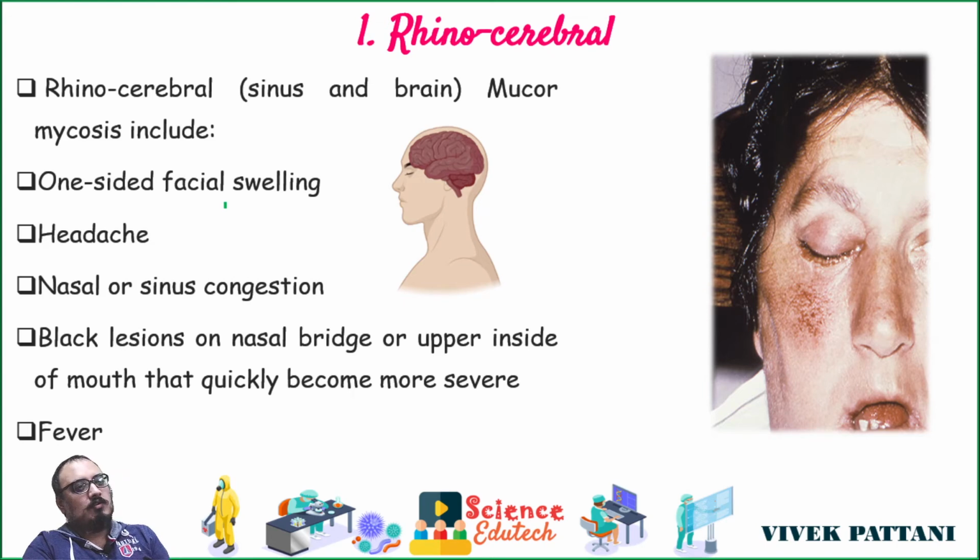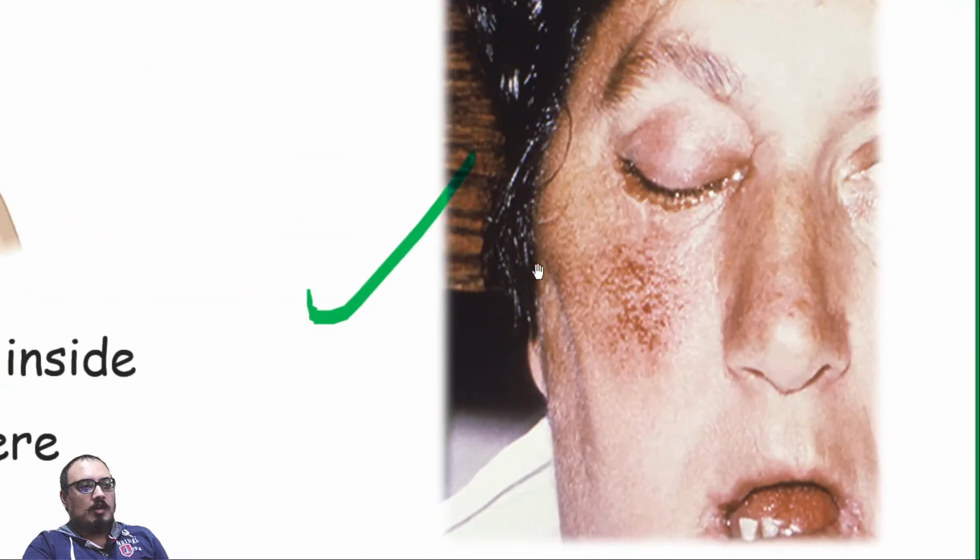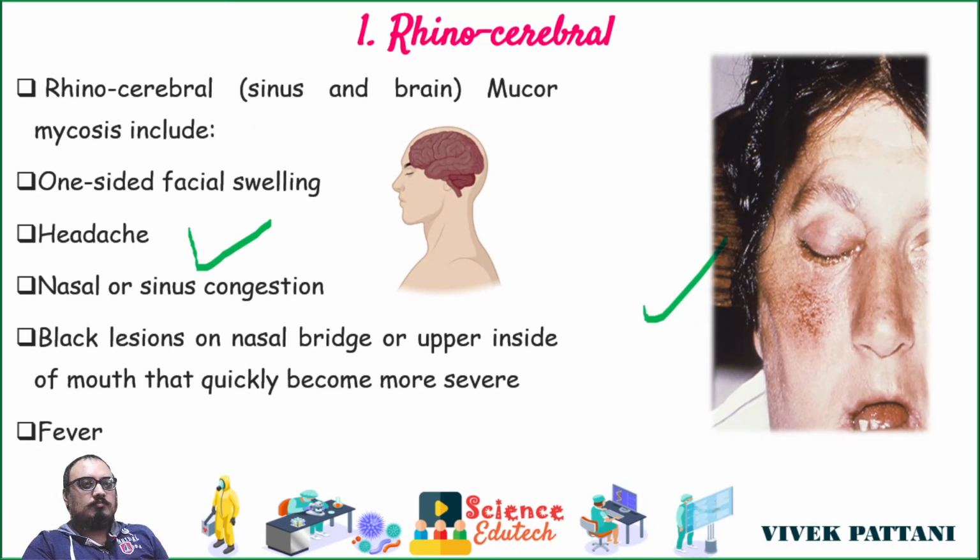One-sided facial swelling may appear, as you can see in the photographs. The patient may have headache and nasal and sinus congestion, and black lesions on the nasal bridge or on the upper side of the mouth that quickly become more severe, and also fever. It is found especially in immunosuppressed patients.